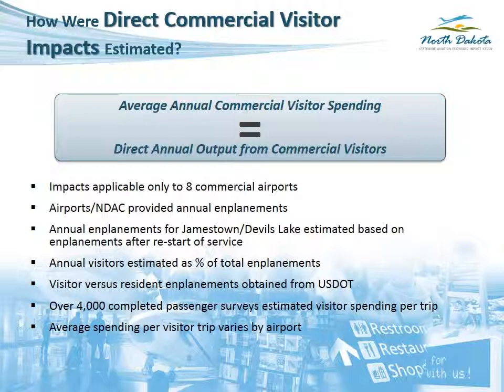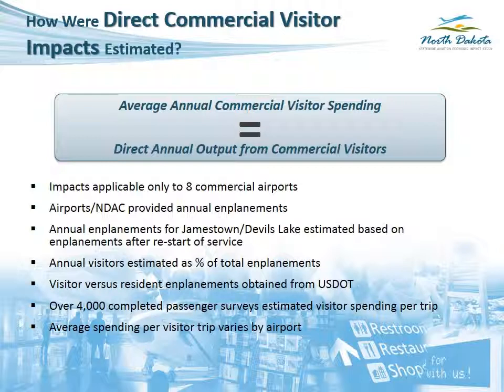The percent of each airport's employments that are visitors versus residents was obtained from US DOT data. Since commercial service was suspended for a while for both Jamestown and Devils Lake, their annual employments were estimated using actual employments for the first 4 months of activity after service was reinstated. Visitors to North Dakota arriving on a commercial airline flight completed over 4,000 surveys.